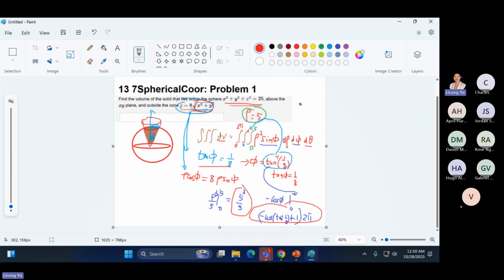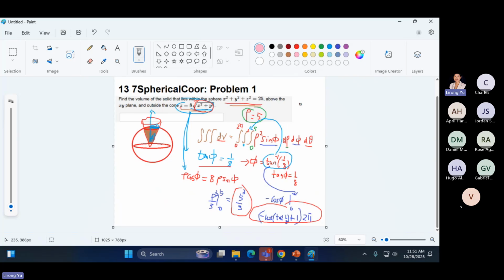The volume of the solid outside the cone. Okay, so the integration rate, I should read the question more carefully. It says lines within the sphere, but above the xy plane and outside the cone.